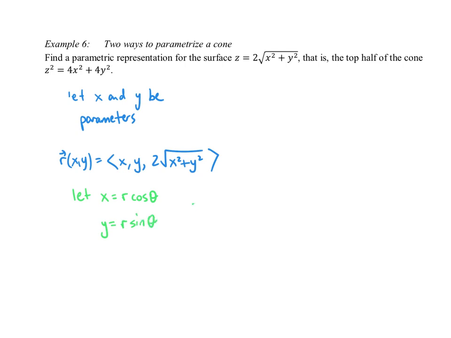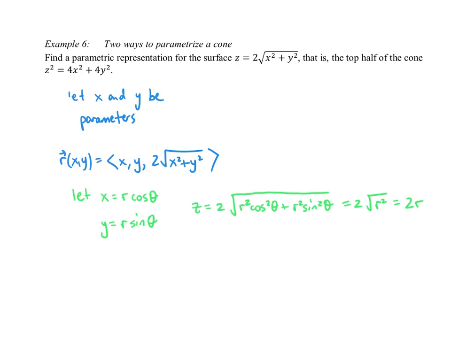Now if that's the case, z would be 2 times the square root of r squared cosine squared plus r squared sine squared, and that would simplify, because cosine squared plus sine squared is 1, to 2 times the square root of r squared, which means z would be simply 2r.